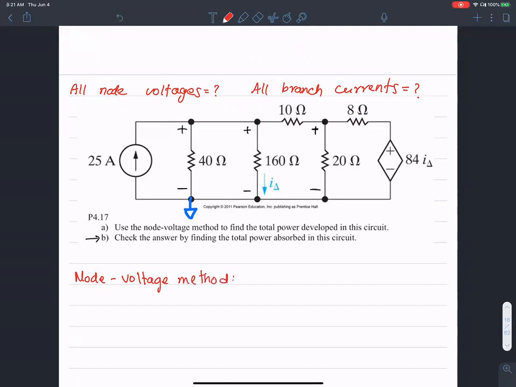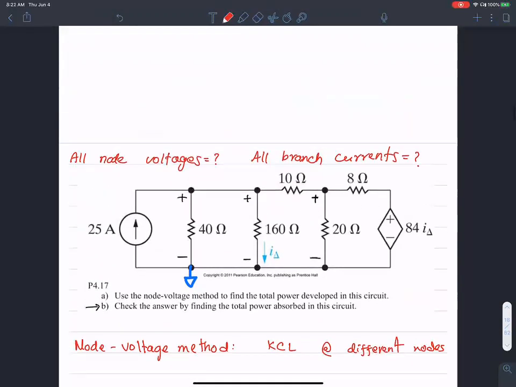This is the node voltage method. So we use KCL at different nodes. Okay, so the next step would be, like you pointed out, to go around the circuit and identify different nodes.